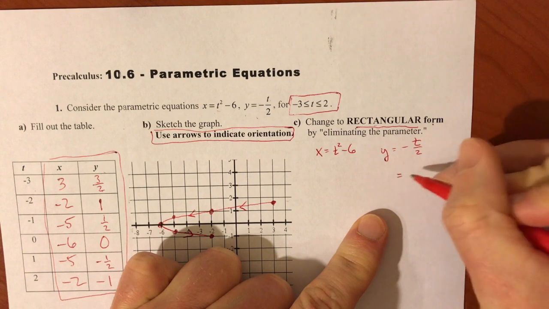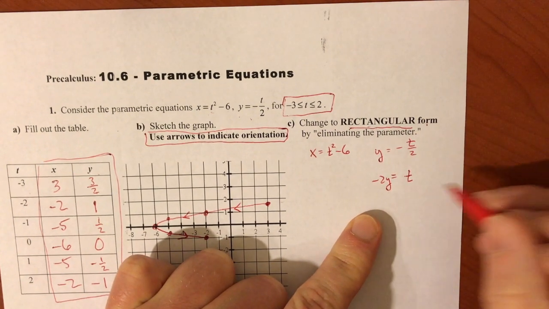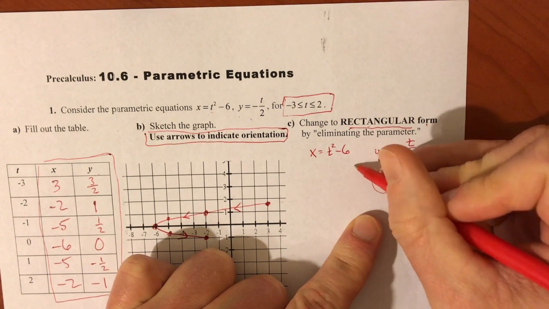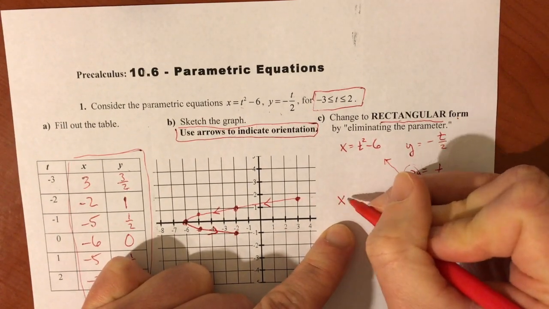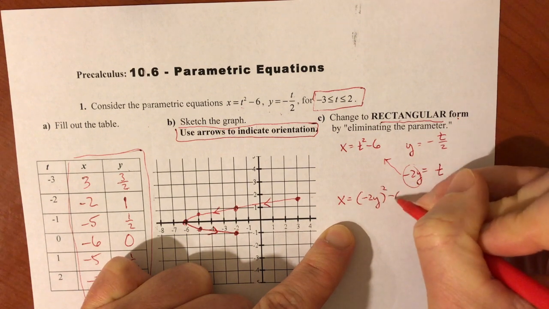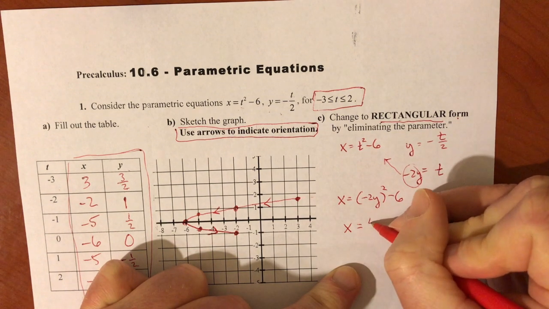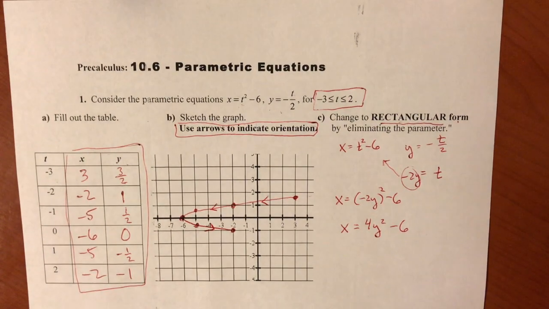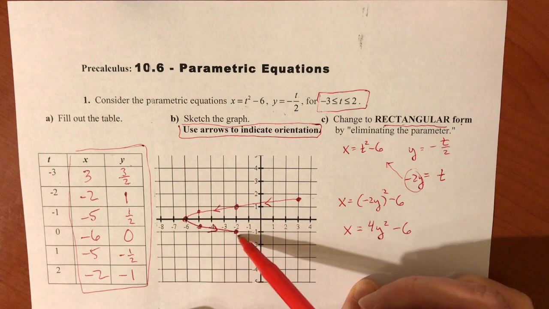If you multiply both sides by -2, t is equal to -2y, and now I'm going to go to this equation and replace t with -2y. So x equals (-2y) squared minus 6, and I'll do a little simplifying there, and we get x equals 4y squared minus 6.